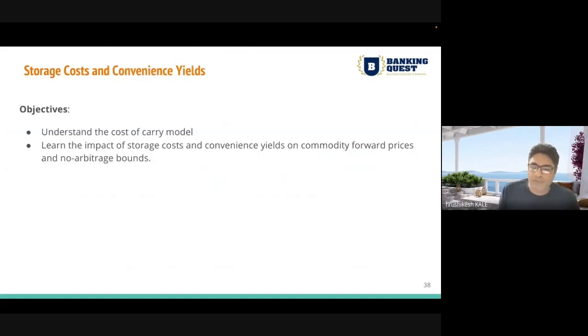Okay. Now, till now we have just seen lease yield. Now, we will also see storage cost and convenience yield.